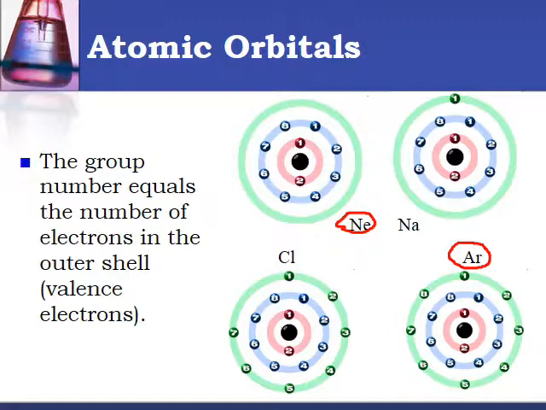If we look at sodium as compared to neon, sodium's 1 element up on the periodic table. It's 11, whereas neon has an atomic number of 10. So that next 11th electron goes right out here in that third shell.